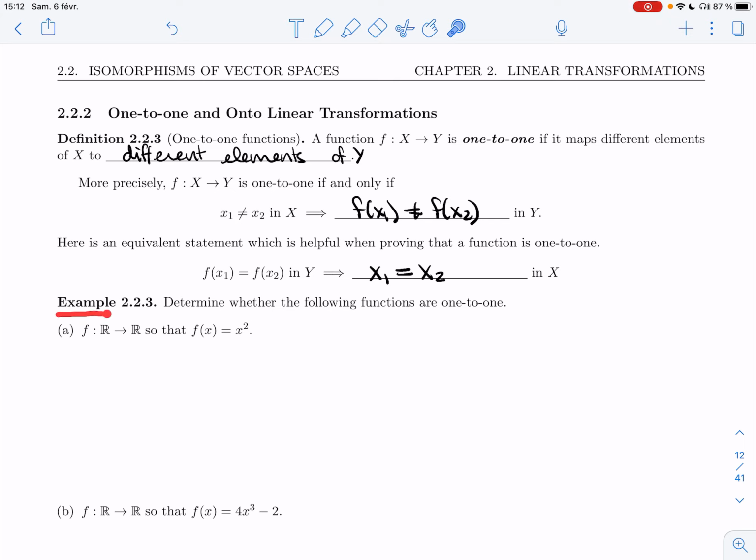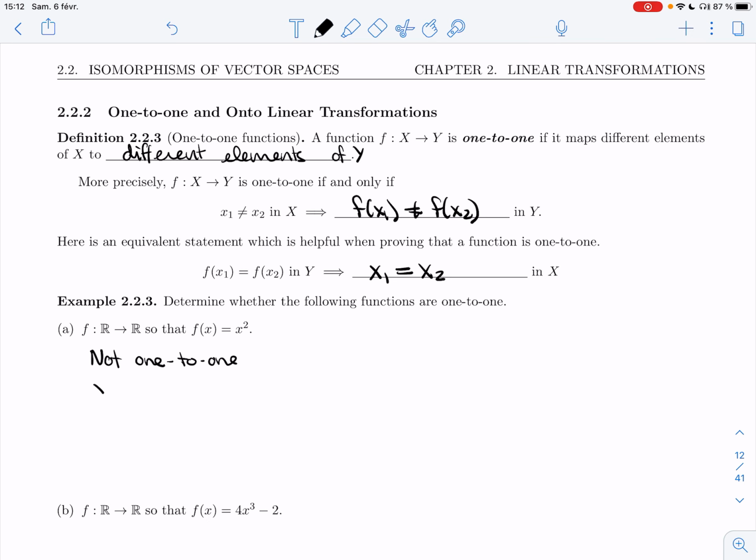All right, equivalent, easier to work with. So let's look at example 2.2.3, determine whether the following functions are one-to-one. So I have a map from R to R. It's actually f of x equals x squared. I wonder if it's one-to-one or not. Does it send different elements of R to different elements of R? It doesn't. So I'm going to look for two different elements in R whose images are actually the same.